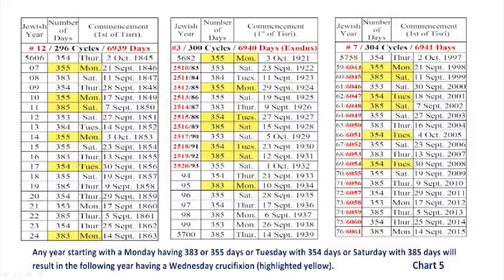Here I'm showing you cycle 7. Here is the day. Here is the year, 2015. And we recognize that this is what happened. And on September 14th, it was a Monday in 2015. This is absolute. The two are joined together.